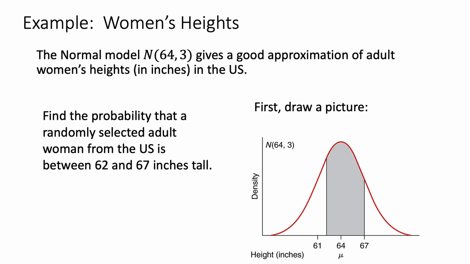Here, I want to know the probability that a randomly selected adult is between 62 and 67 inches tall. So I'm going to draw a line at 62 here and another line at 67, and I want to shade the area under the curve between 62 and 67. Now that area is going to give me the probability that a randomly selected adult woman has a height in that interval. Okay, so how do we find that area?